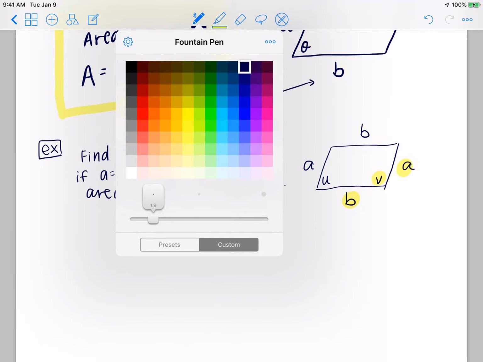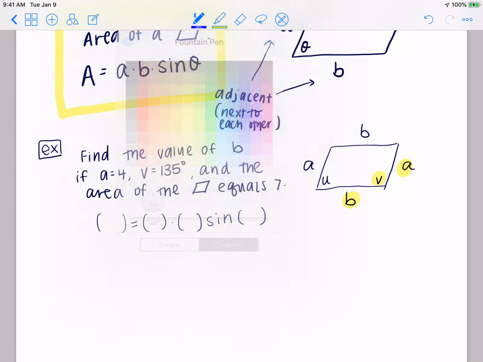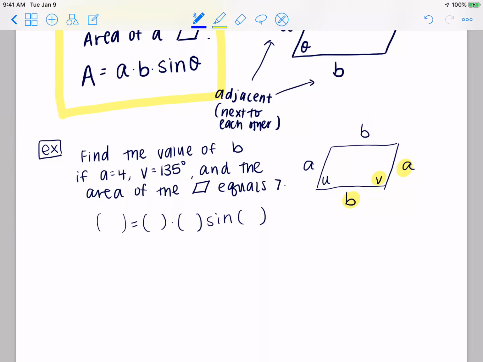Go ahead and substitute all your information. We got our equal sign. Area is 7. a is 4. We don't know b yet, so we're just going to keep b there. And 135 goes into the sine for theta. Since we're dealing with degrees, make sure you turn your calculator to degree, and move your items to the other side so we can solve for b.